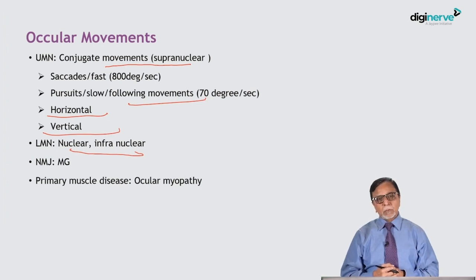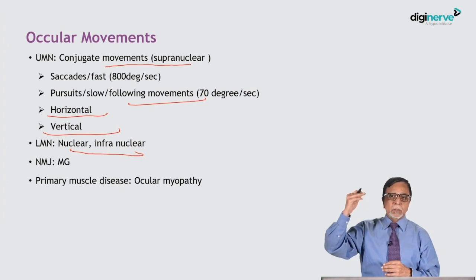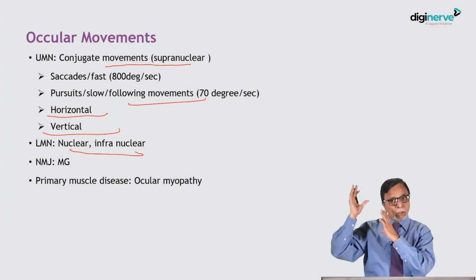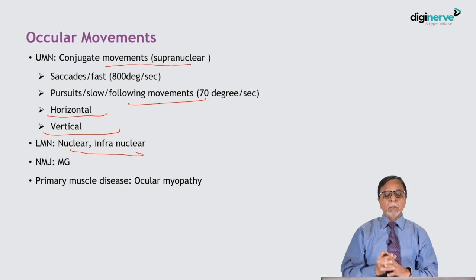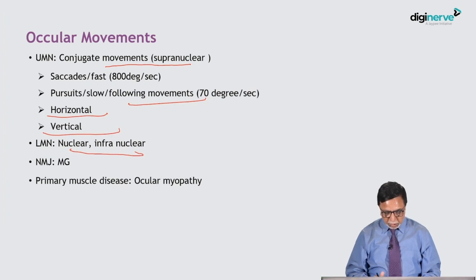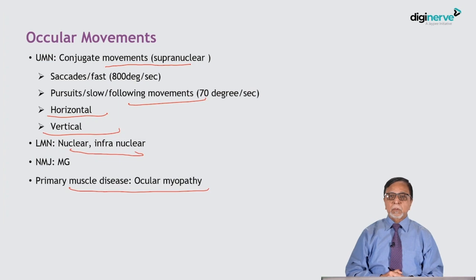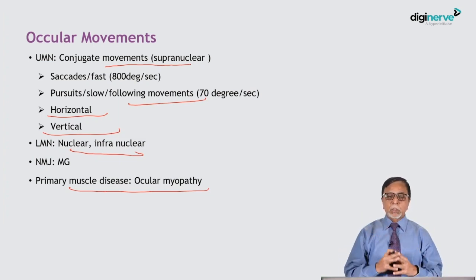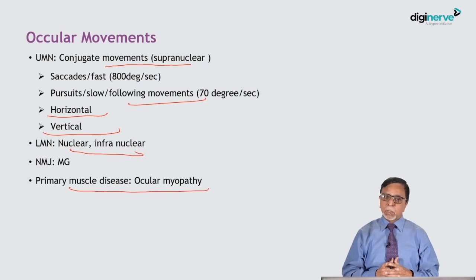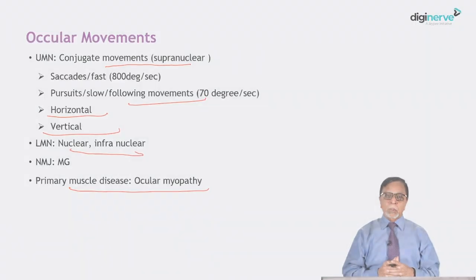It's in the lower part of the pons, where the facial nerve is not supranuclear. If it's in the midbrain, it will be on the same side. So this will indicate Millard-Gubler syndrome. Then neuromuscular junction disease like myasthenia gravis, primary muscle disease, or a number of ocular myopathies which can occur as a syndrome or even alone, like chronic progressive external ophthalmoplegia, which is seen in mitochondrial syndromes.